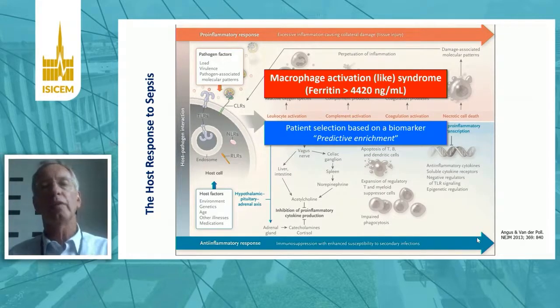So by using ferritin as a biomarker and this cutoff, they will be seeking to enrich the population for patients that are more likely to benefit from an anti-inflammatory strategy, such as interleukin-1 receptor antagonist.